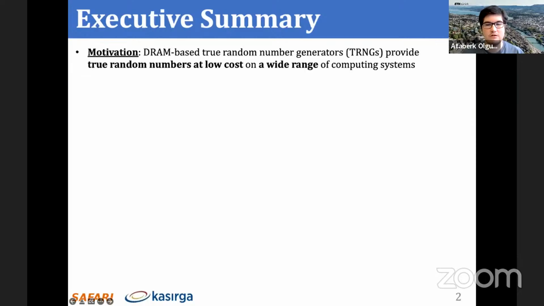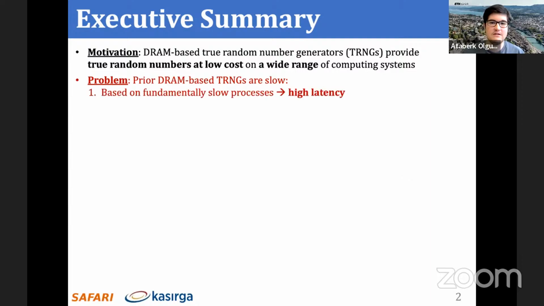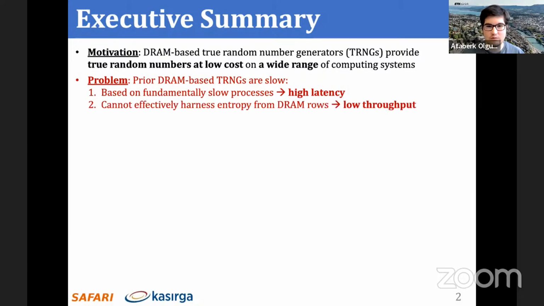DRAM-based true random number generators can provide low-cost true random number generation to a wide range of systems. However, prior DRAM-based TRNGs cannot provide low latency and high throughput true random number generation because these TRNGs either sample fundamentally slow physical processes or cannot effectively harness entropy from DRAM rows.